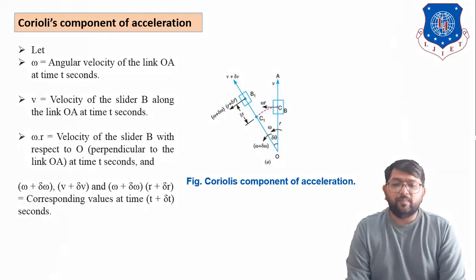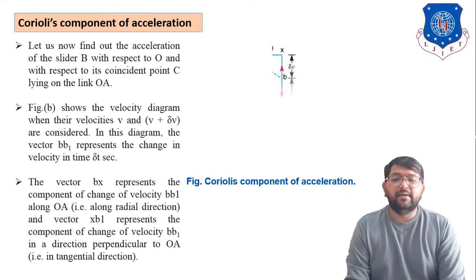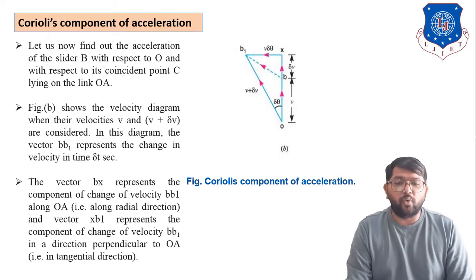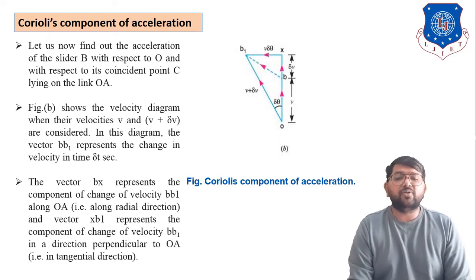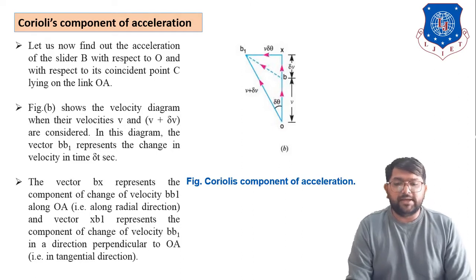Okay, now we have to understand that. Let us now find out the acceleration of the slider B with respect to O and with respect to its coincident point C lying on the link OA. Now figure B shows the velocity diagram when the velocities v and v plus delta v are considered.